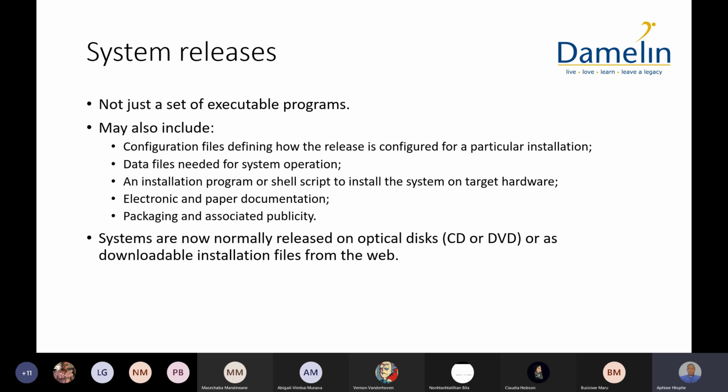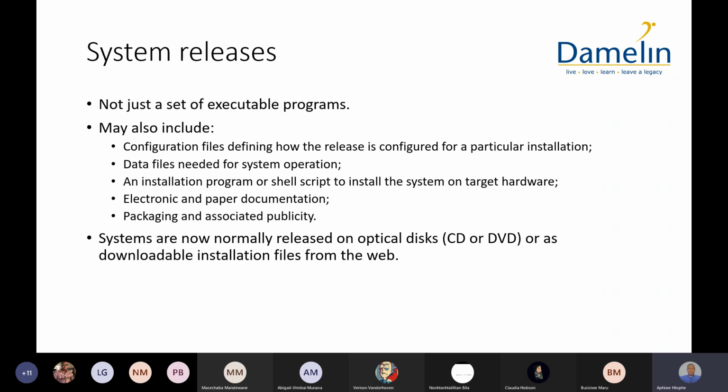I think the CD and DVD method is still valid when you're buying software from a store, but nowadays you just buy the license and download the software from the developer's website. That's the new way of doing things. But the important thing to note is that a release is more of a packaged thing.